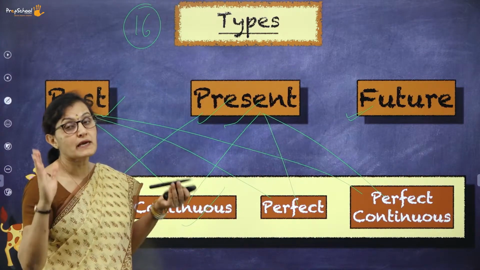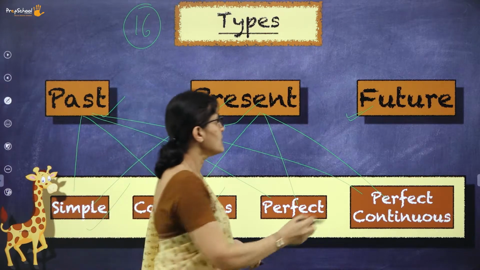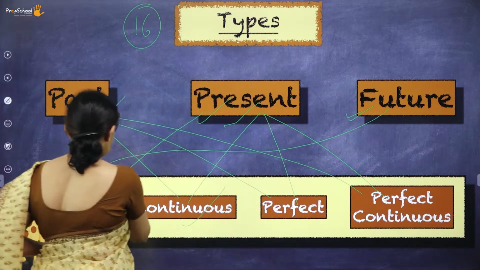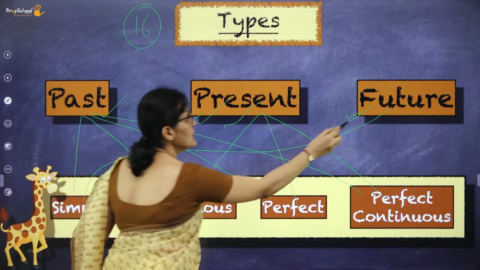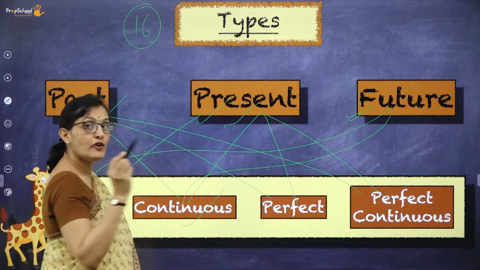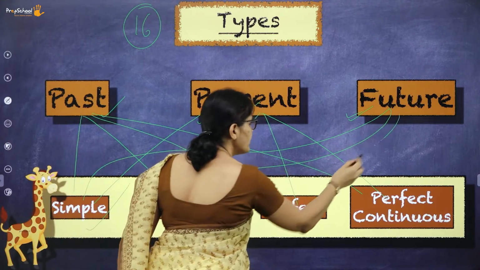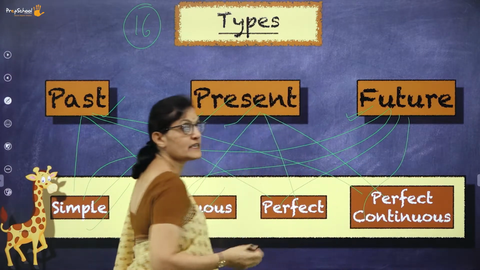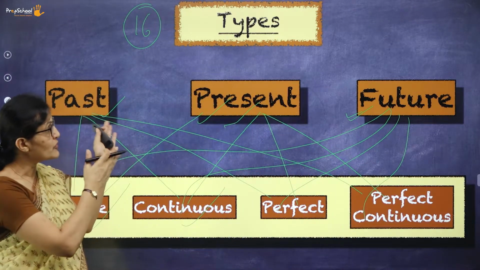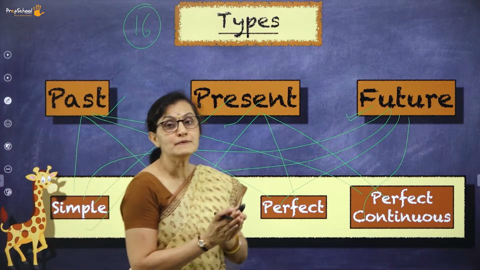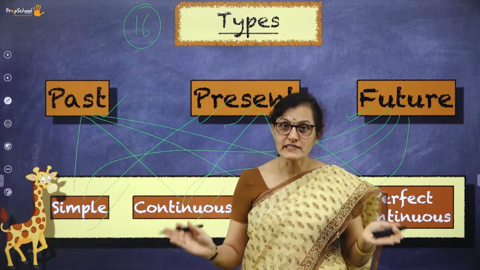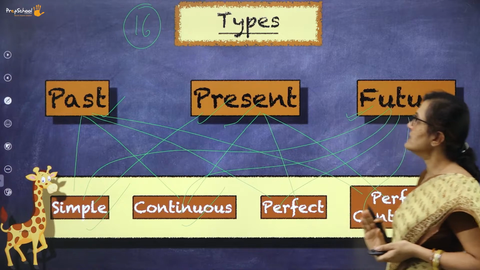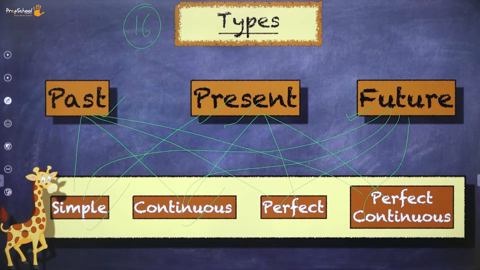Another 4, it became 8. And then future simple, future continuous, future perfect, future perfect continuous. So together you got to see how many types? 12 types of tenses. Please have a look at it.